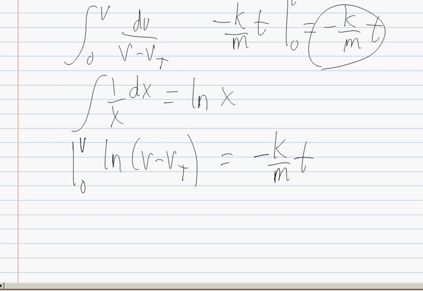If we plug in v, we're going to have the ln of v minus vt, minus the natural log of 0 minus vt.